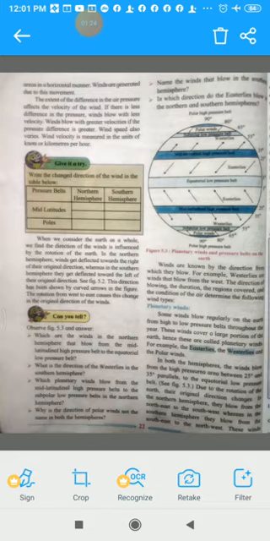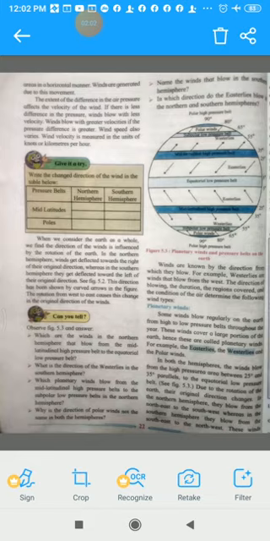Now let us study further what we mean by these subcategories: easterlies, westerlies, and polar winds. For this you have to refer to figure 5.3 on page number 22. The explanation is on page number 22 and also on 23. Second para, at the end, last para: in both the hemispheres, the winds blow from the high pressure area between 25 degree and 35 degree parallels to the equatorial low pressure belt.